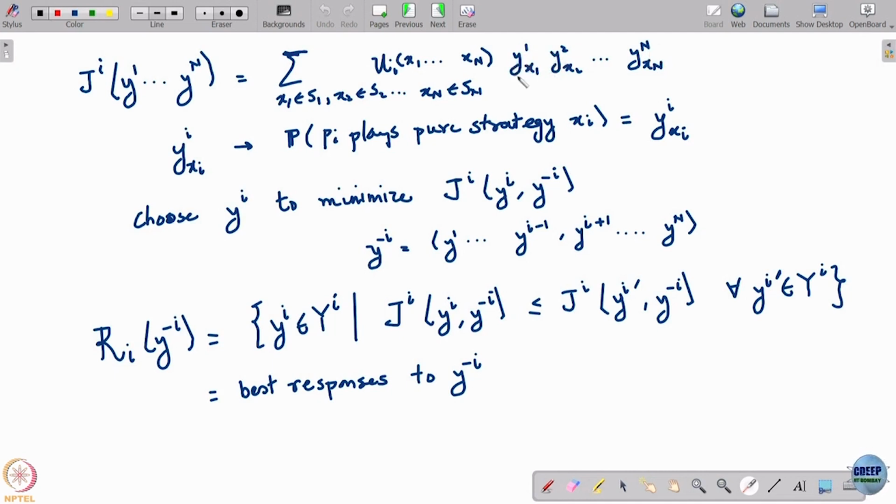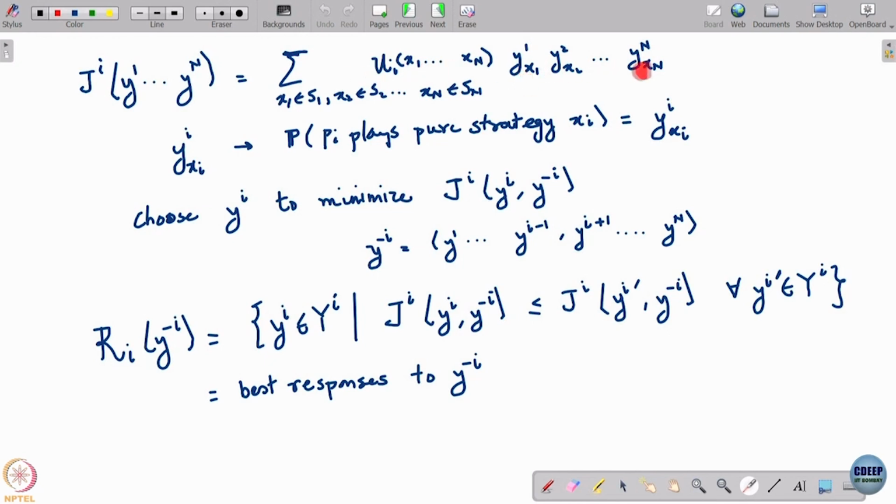We are fixing the mixed strategy of the other players and asking what is the best that this player can do. So, if I fix all the yj's other than yi, then what sort of expression is this in yi? It is linear in yi, right.